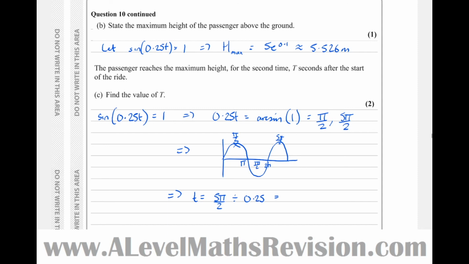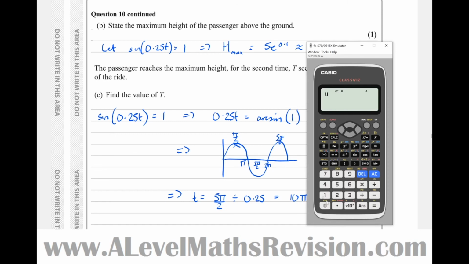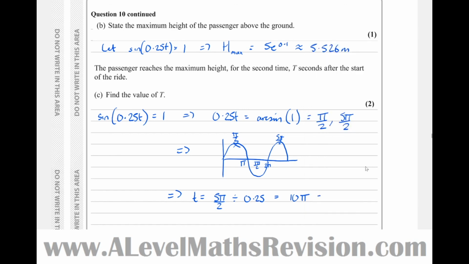So times by 2 and 2 again gives 10 pi, which is 31.42 seconds. 31.42 seconds is the time that it reaches the maximum height for the second time.